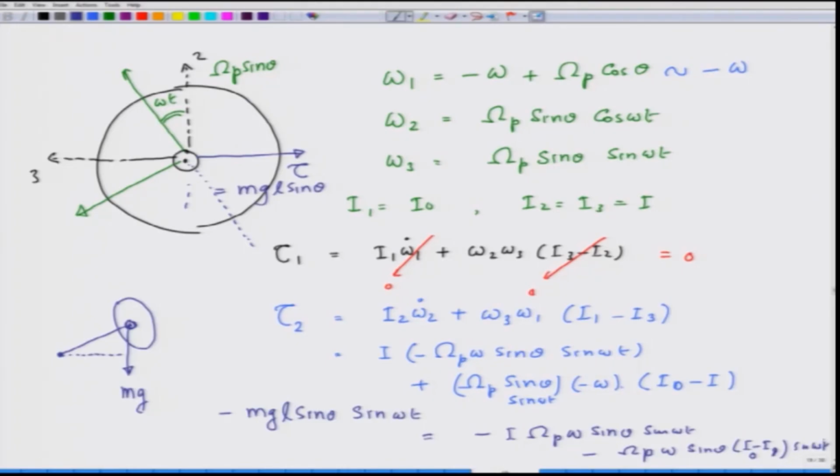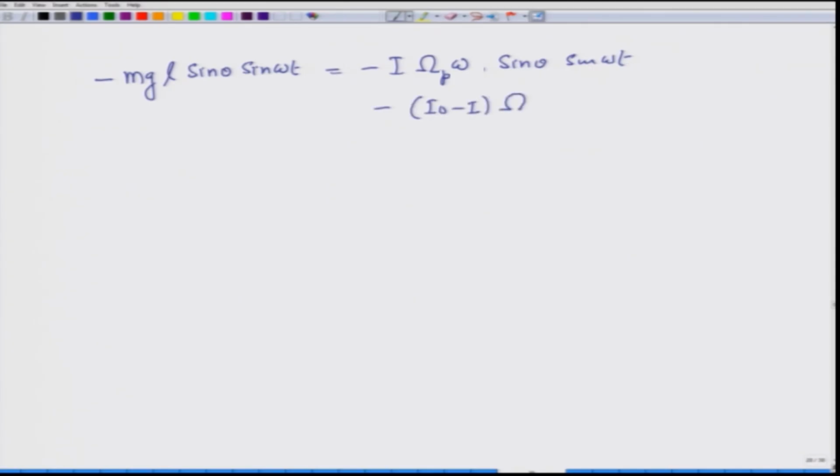Let me write this again. So, I have minus mgL sin theta sin of omega t is equal to minus I omega p omega sin theta sin omega t minus I0 minus I omega p omega sin theta sin of omega t.